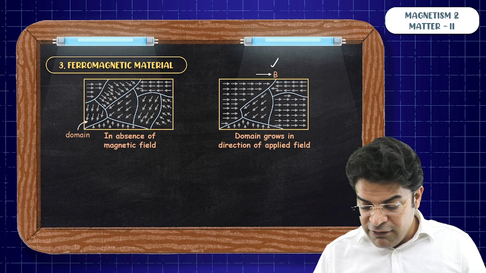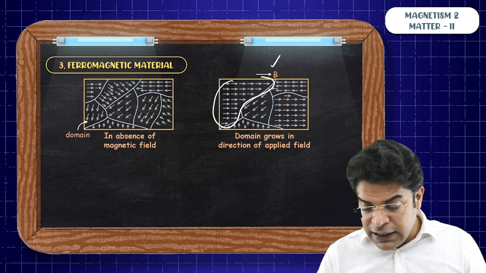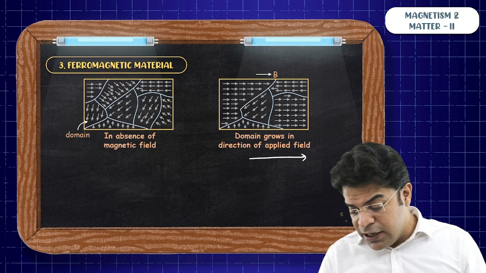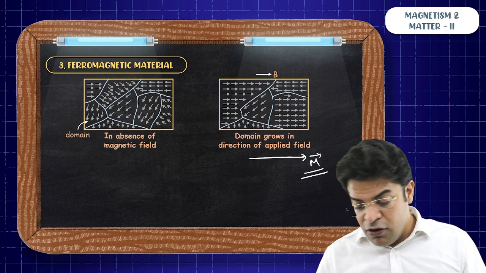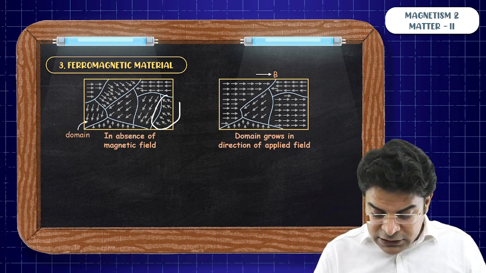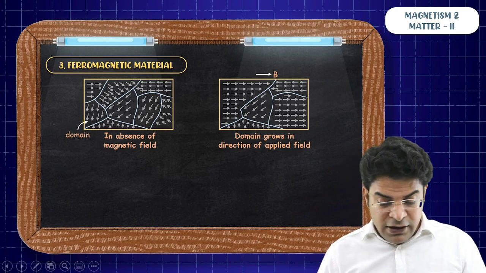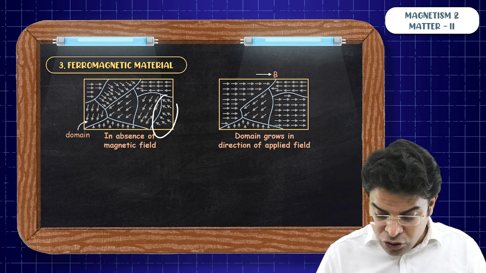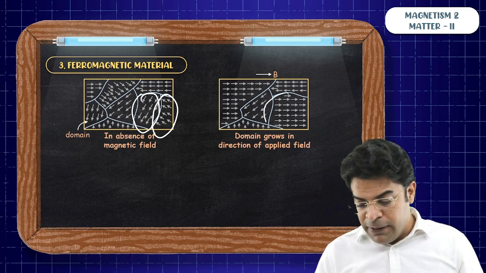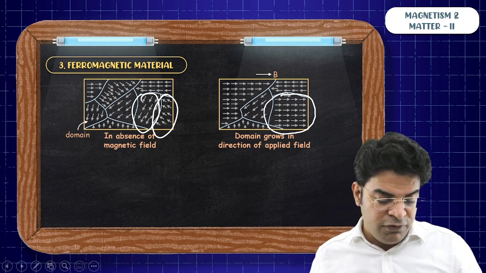So once we have applied a magnetic field, the domain grows in the direction of the applied magnetic field, giving the substance a net magnetic moment in that direction. Moreover, some domains do turn in the direction of the applied magnetic field. Like you can see in the diagram, this domain has turned as well as this domain, giving us this bigger domain in the direction of the applied magnetic field.